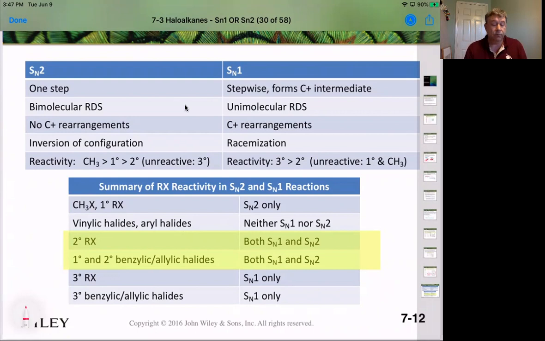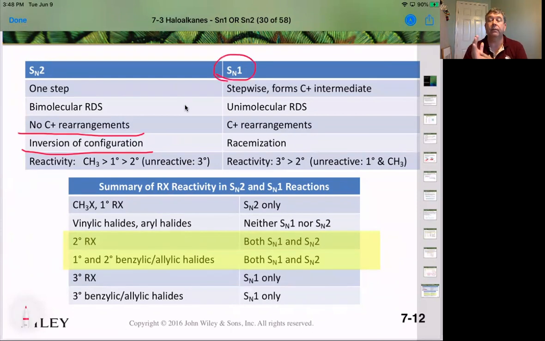Because we don't form a carbocation, we do not have carbocation rearrangements, but we do have inversion of configuration. Okay. Now that also means that our methyl and our primary are the most reactive, where secondaries can react in the right solvent.